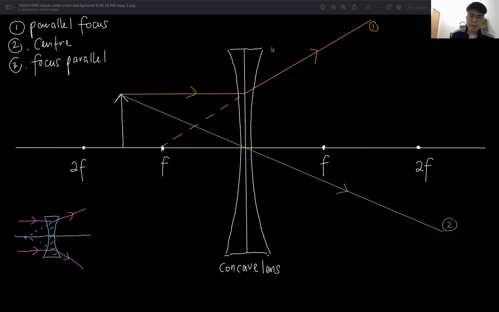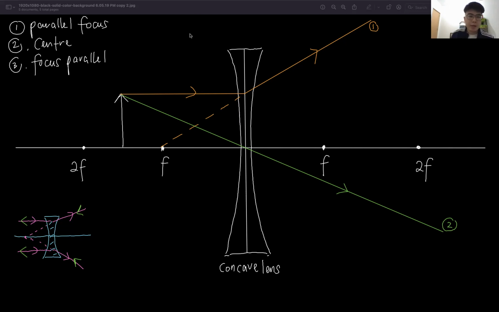The second diagram, the second behavior of the focal point, is that I reverse these two. Look at the green arrow. This incoming light ray is directing towards the focal point and then passing through the lens becomes parallel. Again, the incoming ray which is directed to the focal point will become parallel after passing through the lens.